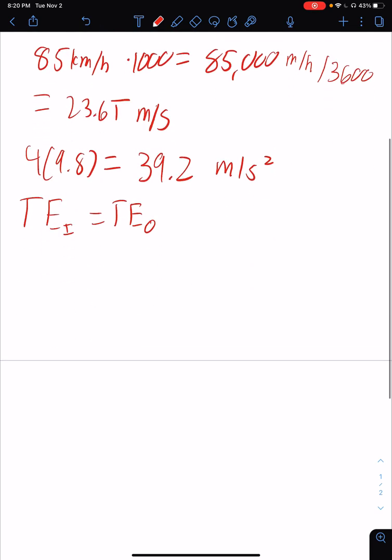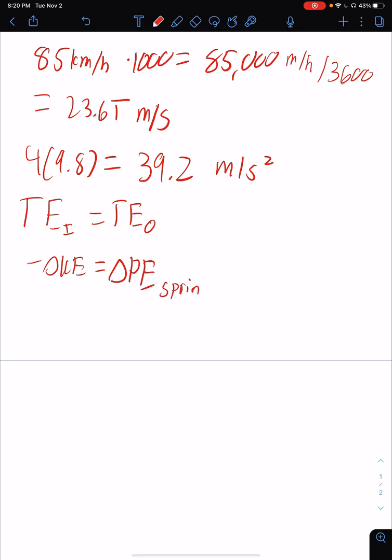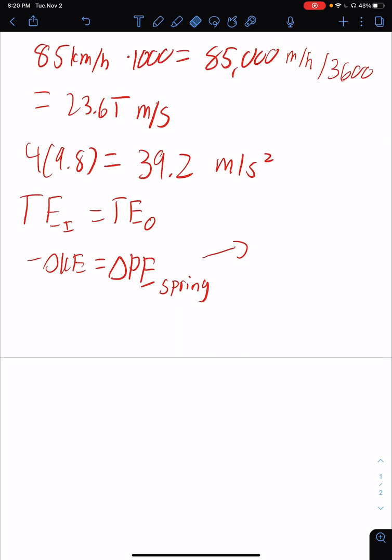All right, now we can use our equations. So negative change in kinetic energy is equal to change in potential energy of the spring. Let's come over here. We can just ignore this negative sign because it's going to cancel out.